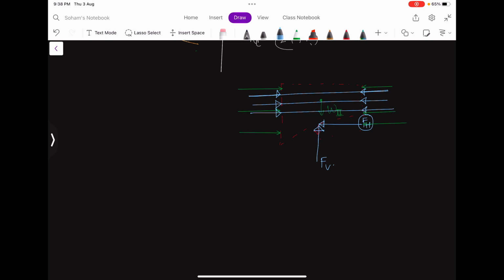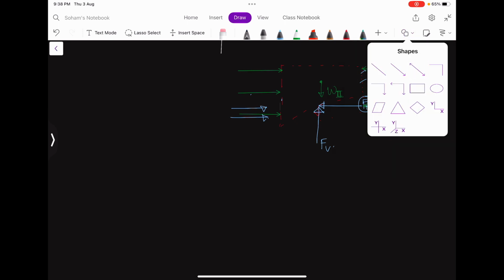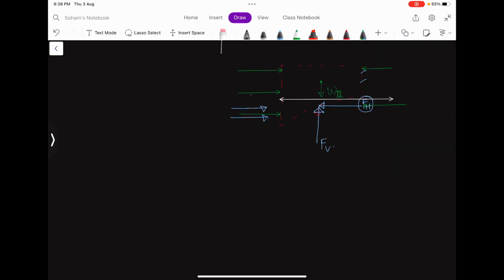The only force that will matter is the force that is contributing on this particular area, right? And I am again removing these lines, just for the sake of clarity. So if you again see, let us draw a line here.